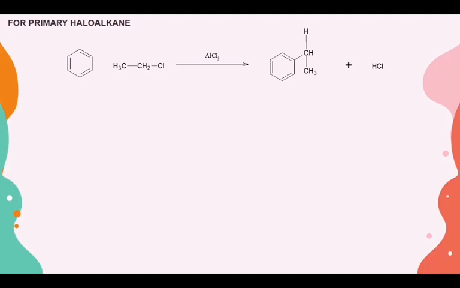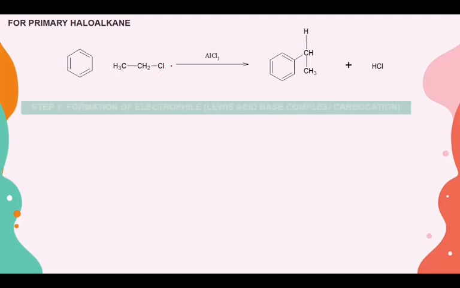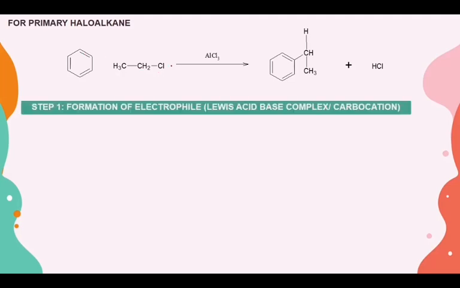Okay, for the primary haloalkane, this is an example. We have a primary haloalkane reacting with benzene. The first step is also the formation of the electrophile, the Lewis acid-base complex or carbocation ion. Our primary haloalkane will react with the Lewis acid.